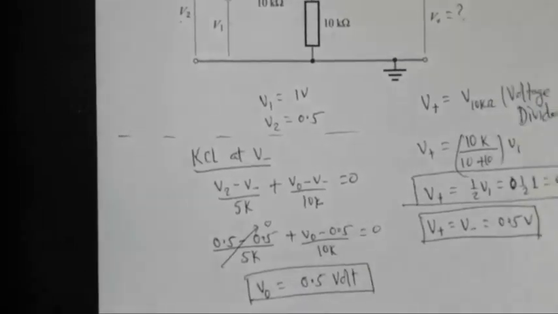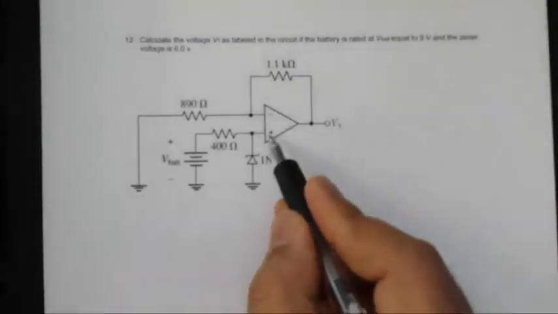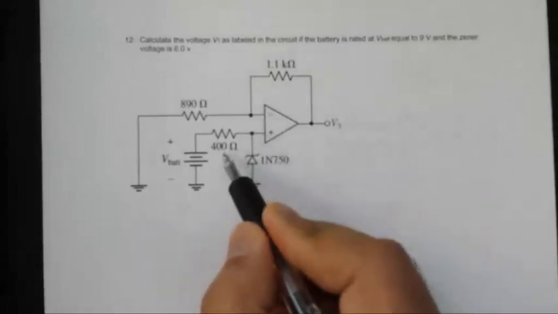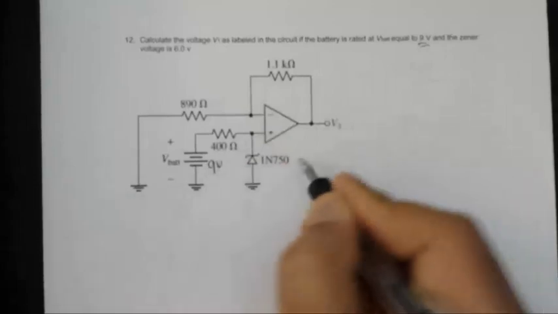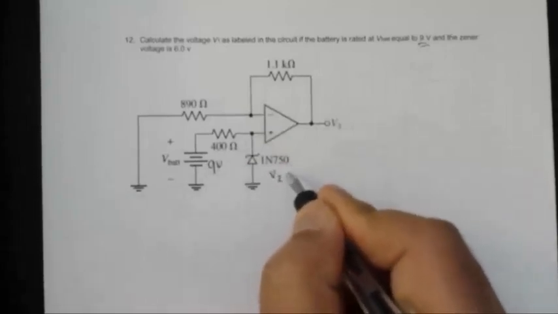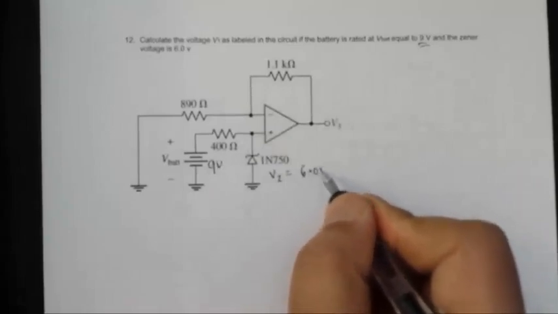Okay, just a quick one. Okay, next, just a little bit. So you have now V plus connected with the 400 ohms with the battery. It says the battery is 9 volts and its Zener reverse breakdown voltage is 6 volt.